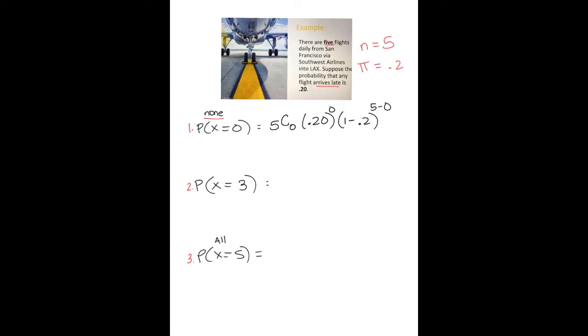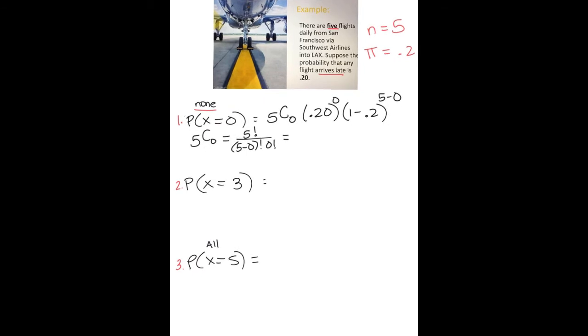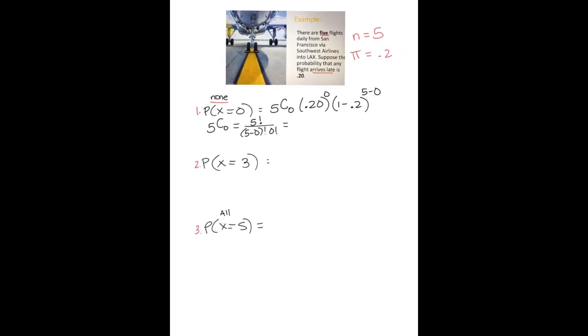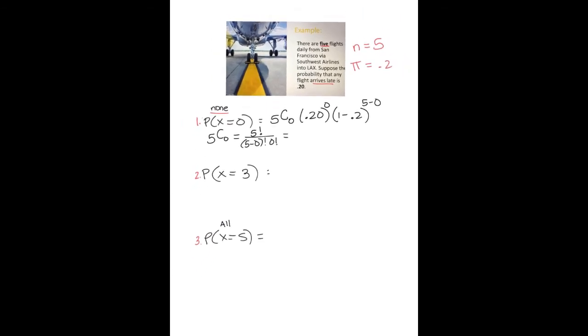So let's find each individual component. First, 5 combination 0 is equal to 5 factorial over 5 minus 0 factorial times 0 factorial. Please don't forget that 0 factorial is in fact equal to 1. So 5 combination 0 is going to be equal to 1. Anything combination 0 is equal to 1.